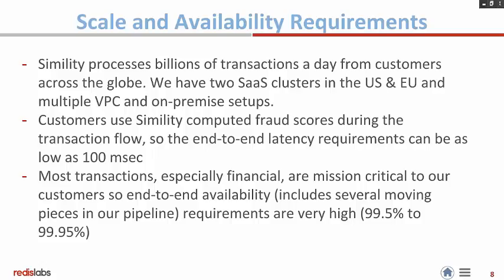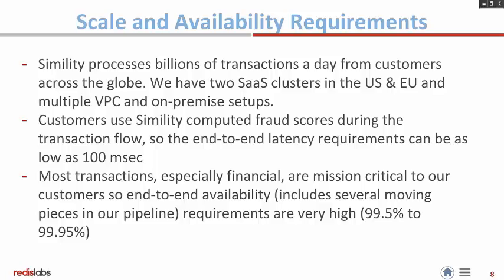Yeah, this is about the scale and availability requirements. This is a very, very important area for us, especially on our engineering team. In terms of scale, Simility processes billions of transactions a day from customers across the globe. So we have 2 SaaS clusters, like I mentioned.